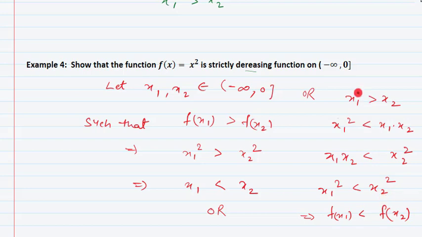So we started with x1 greater than x2 and we reached f(x1) less than f(x2). The sign of inequality got changed. Therefore we have proved that the function is strictly decreasing on the interval minus infinity to 0. You can use this method in other questions also, either this one or that one in each and every question.